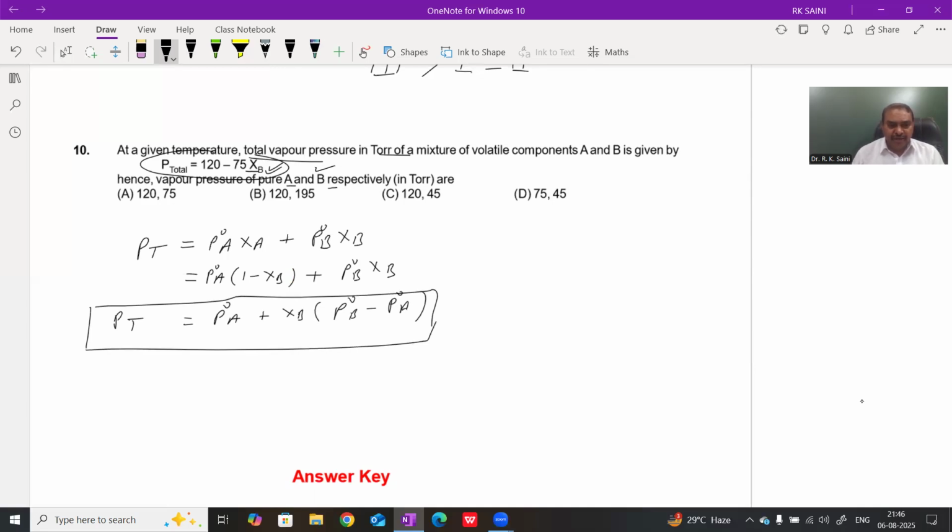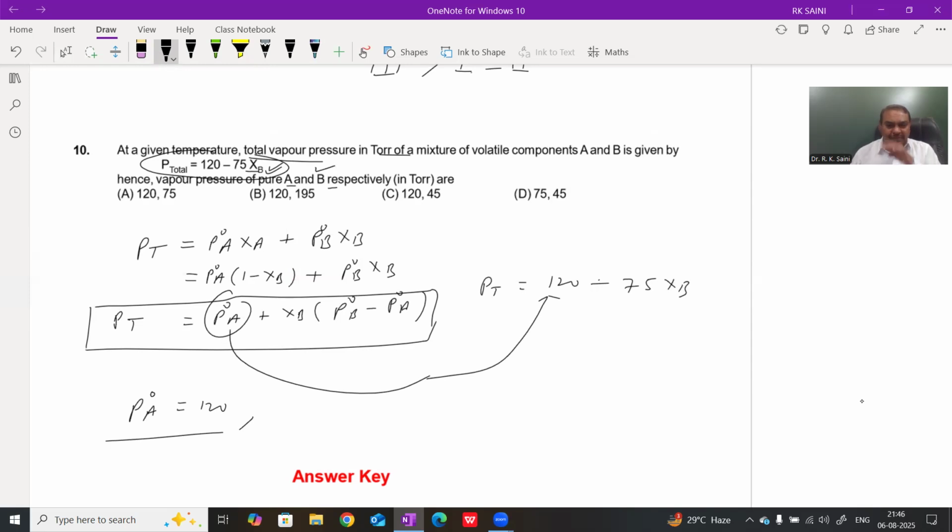See the given relation: P total equals 120 minus 75 XB. It means P naught A is 120. Therefore, the vapor pressure of A is 120 torr.